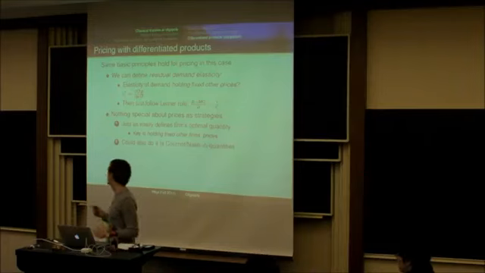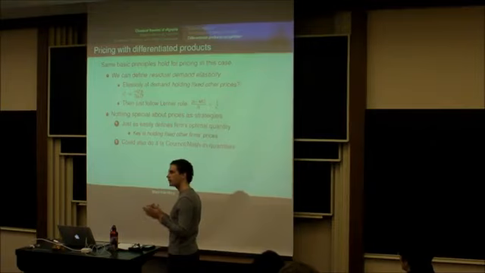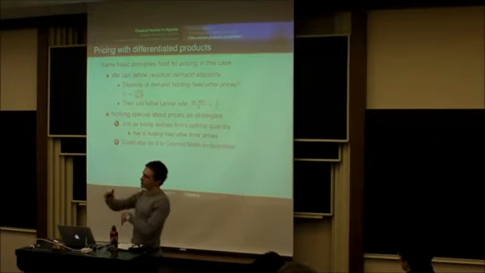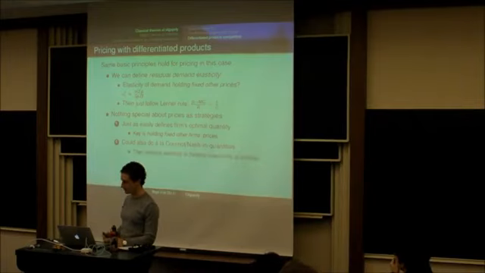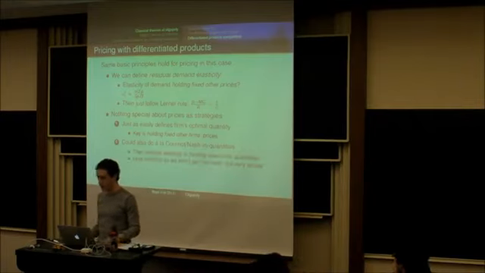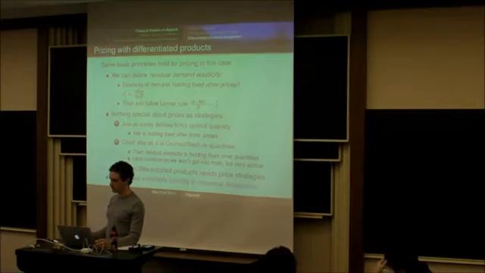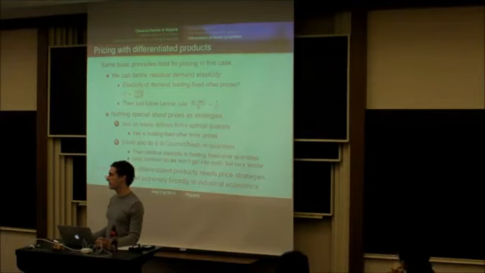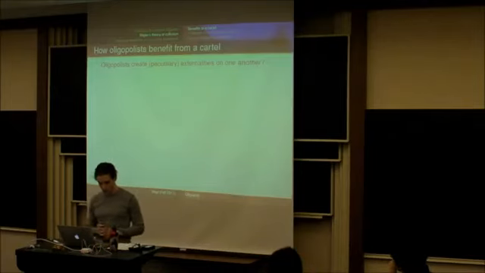But then what we'd have to do is not hold fixed every other firm's price, but hold fixed every other firm's quantity, and that would require doing some complicated matrix inversion of these derivatives. But the ideas would be very similar. So there's no reason that differentiated products requires prices to be the firms' strategies. It's just that it turns out, for various historical reasons, that this is used very broadly in industrial economics.